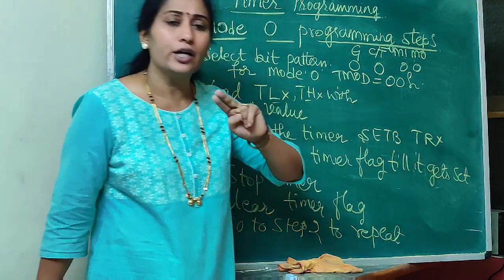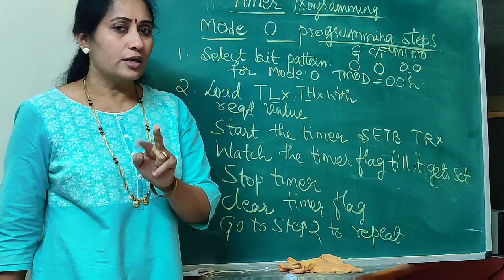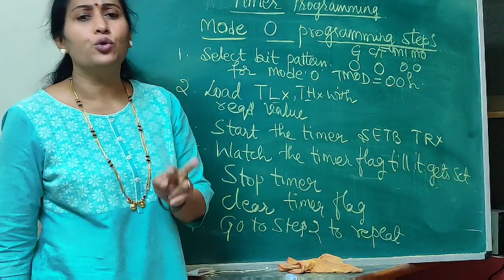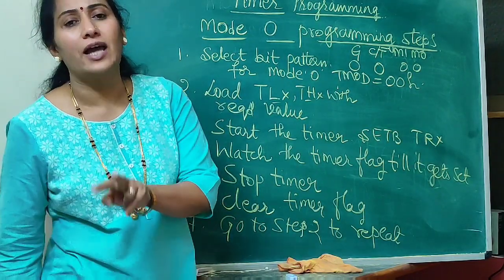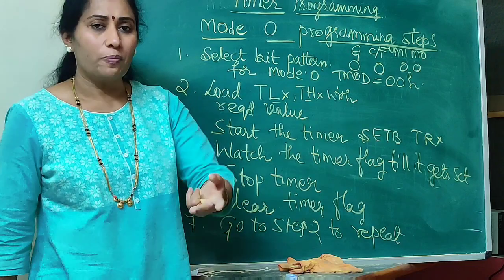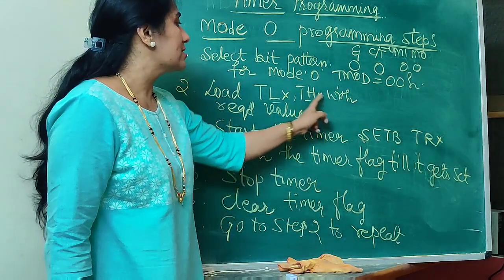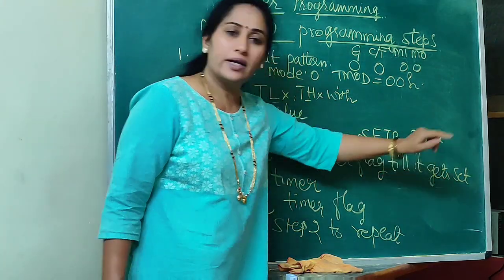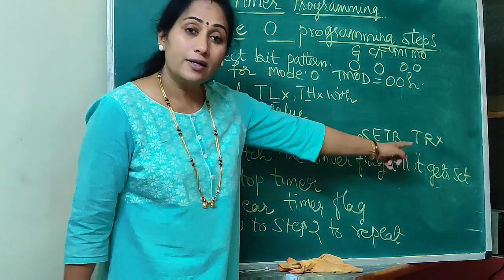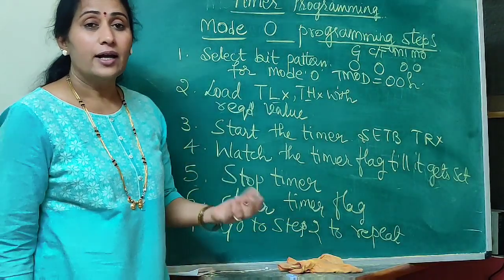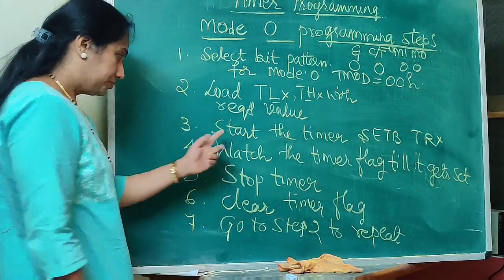Since you have two timers, timer 0 and timer 1, you have two bits reserved for timer 0 start operation and timer 1 start operation. So if you have taken X as 0, then you take TR0. Set the bit TR0, meaning that it is going to start the timer.